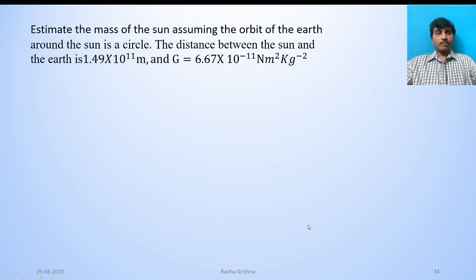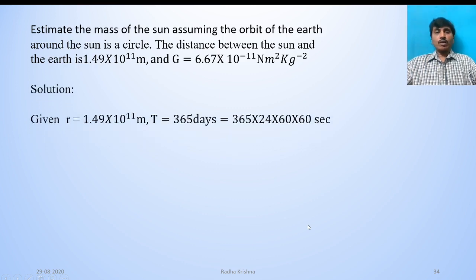The next problem is: estimate the mass of the Sun, assuming the orbit of the Earth around the Sun is a circle. The distance between the Sun and the Earth is 1.49 times 10 to the power of 11 meters and capital G is equal to 6.67 times 10 to the power of minus 11 Newton meter squared per kilogram squared. Given the radius of the orbit of the Earth, that means the distance of the Earth from the Sun, r is equal to 1.49 times 10 to the power of 11 meters.